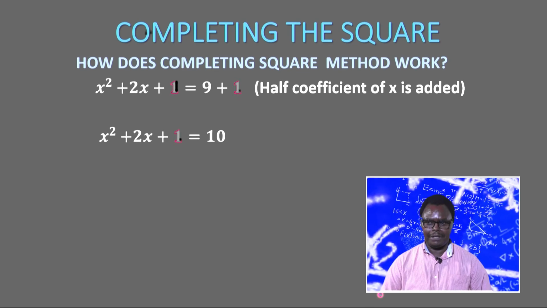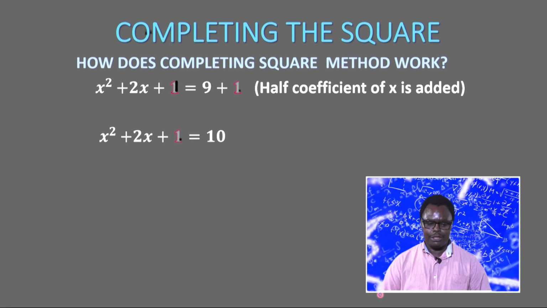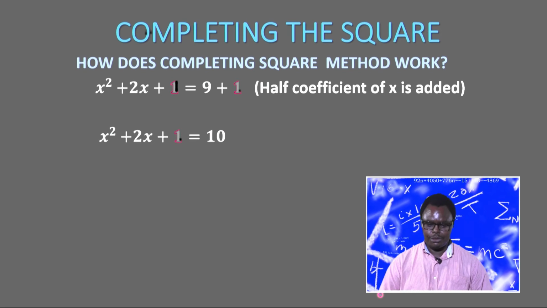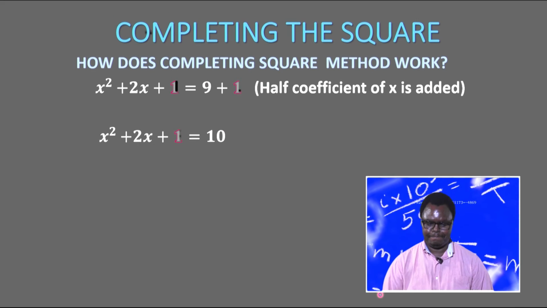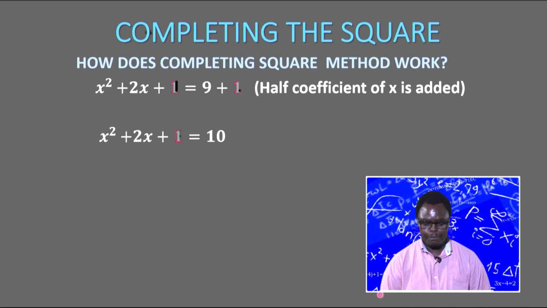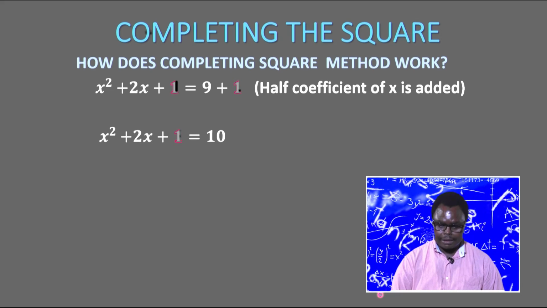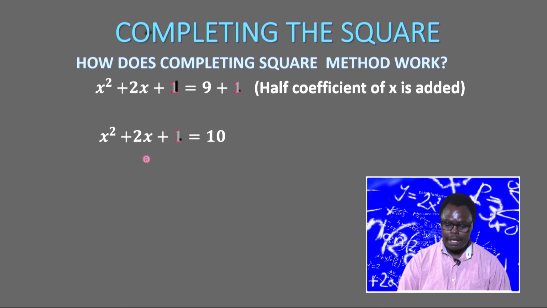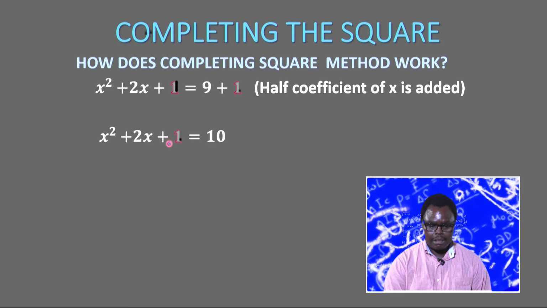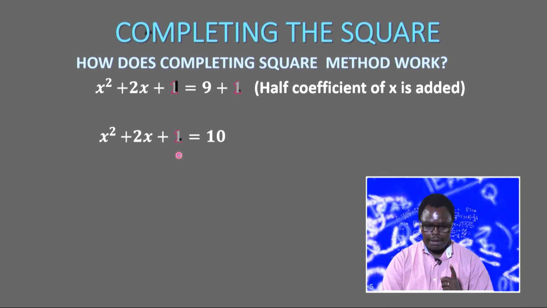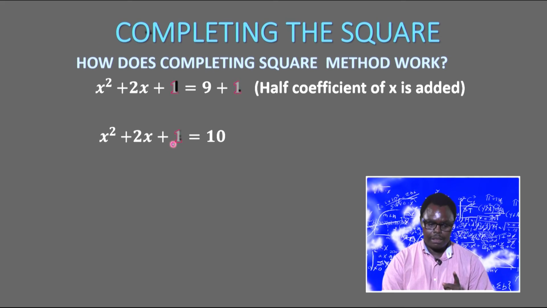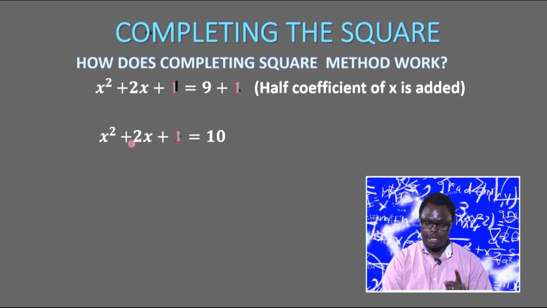Stop a minute. Look at what is on the left. What do you see? Try to factorize it. Do you notice the product is 1 and the sum is 2? This means the 2 factors will be 1 times 1, which is 1, and also 1 plus 1 is 2.